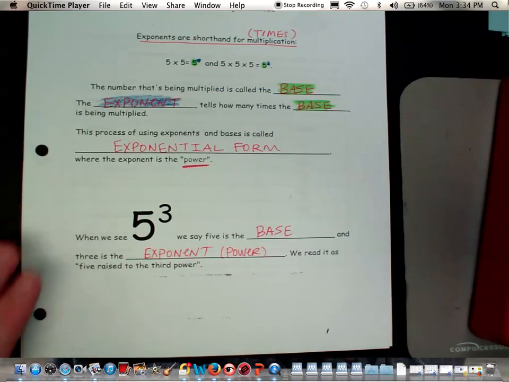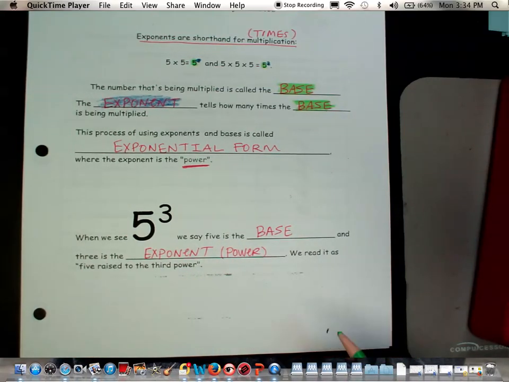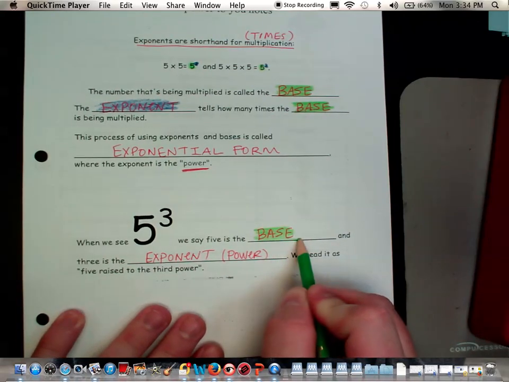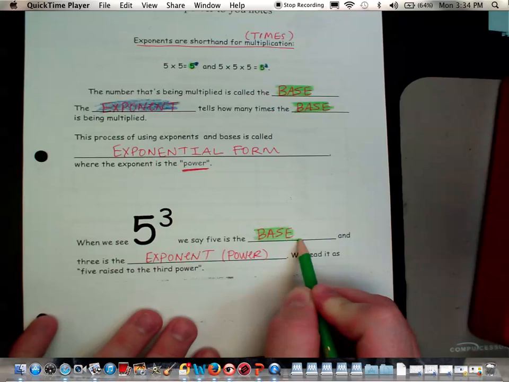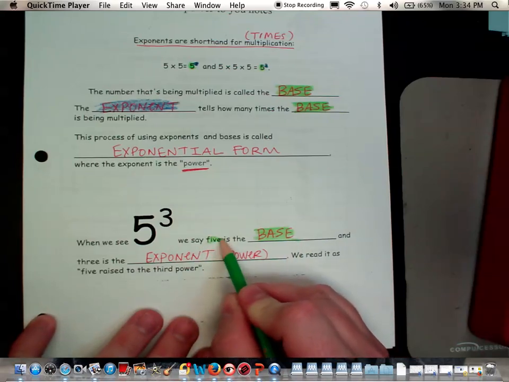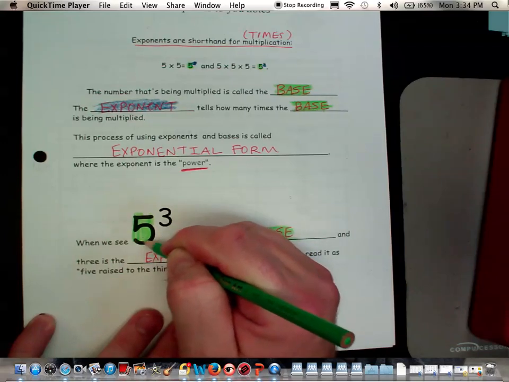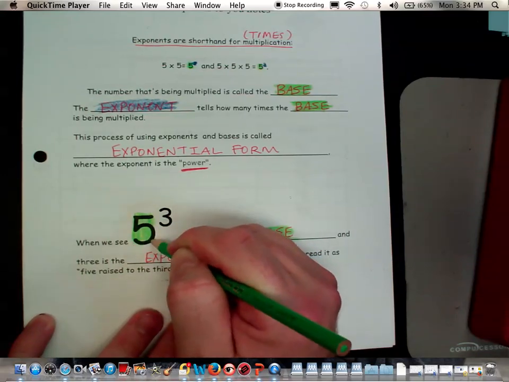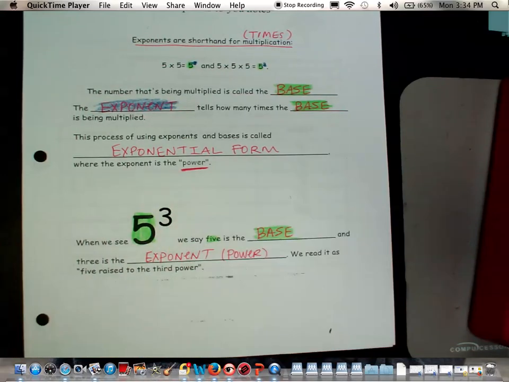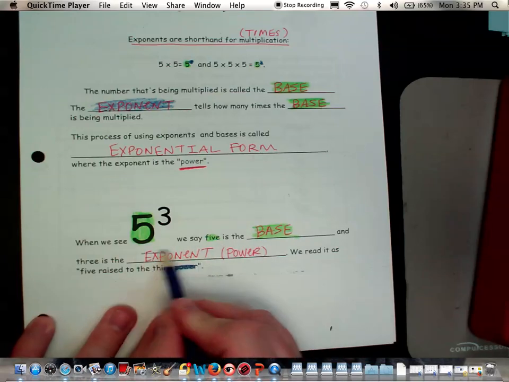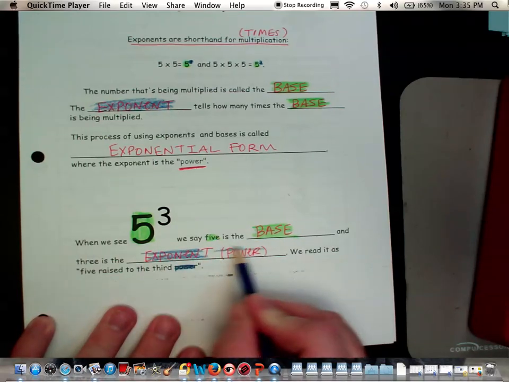Okay? So let's use my color-coded pencils here and let's see what we've got. So the base was green. So my base is going to be the 5, which I'm going to color in here. And my exponent, which we also call the power, so I'm going to color the exponent here, and the power here.